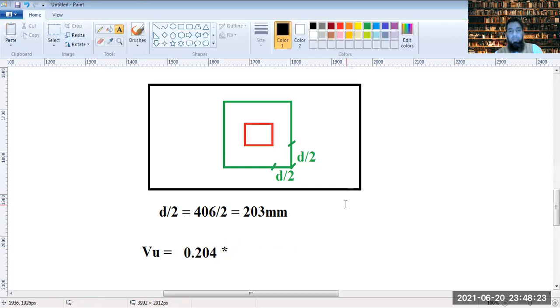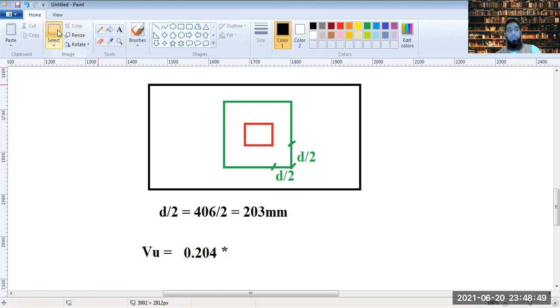Now, try to get this. The two-way shear is acting about this green line only, but it would also be acting along the depth of the green line. So the plane or the area of this two-way shear is along the green line and along its depth.